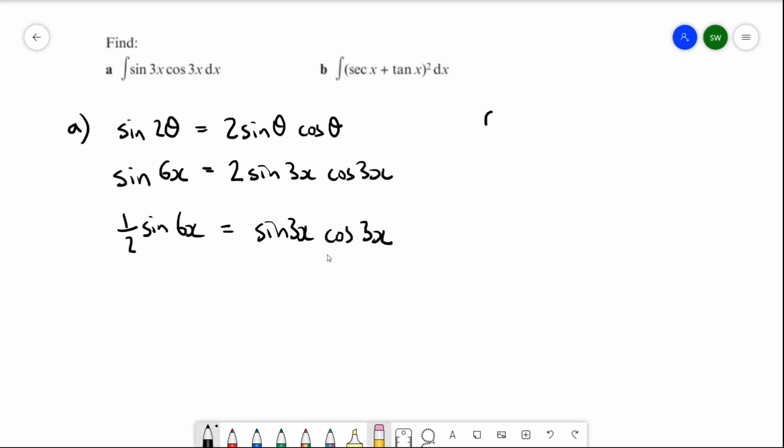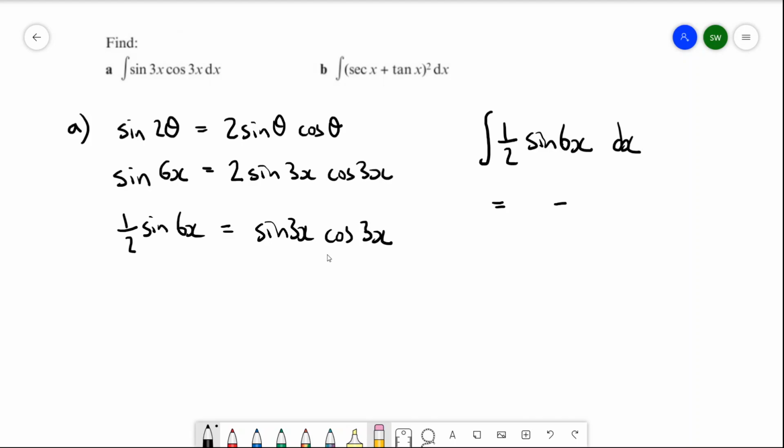So what we want to integrate is a half sine of 6x, which is a lot easier to integrate than what we had before, which we didn't know what to do. So you might be able to do this by inspection. If we integrate sine, then you get minus cos.